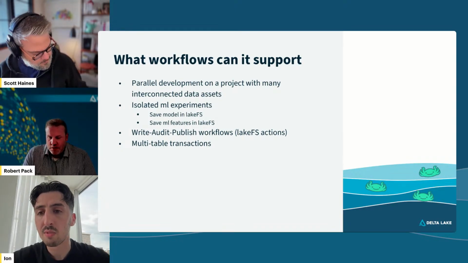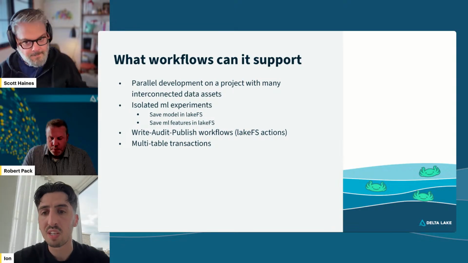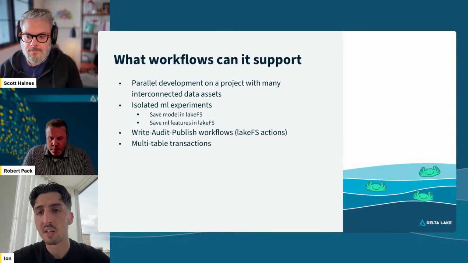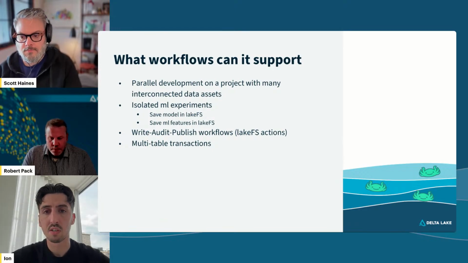You could make the argument that if that source table was corrupted, then all of the transactions of those dependent pipelines should also be invalidated together. So with a multi-table transaction workflow, you could do this, and you can revert one single commit, which would then revert multiple tables at once.